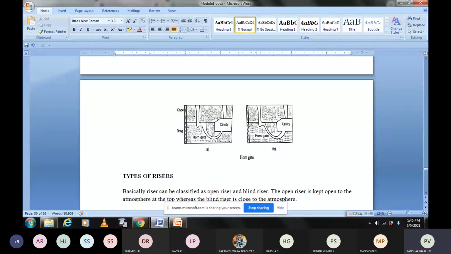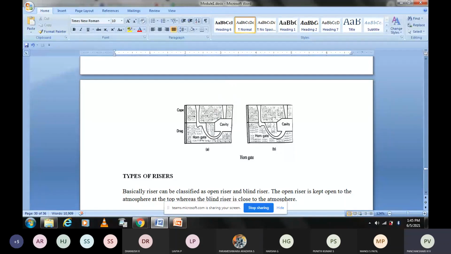The liquid metal comes here and then immediately, when it drops into this cavity, the erosion of the sand particles takes place. Therefore, slowly the liquid metal should rise like this. So this is the horn gate. This is in the shape of a horn. It is called horn gate.